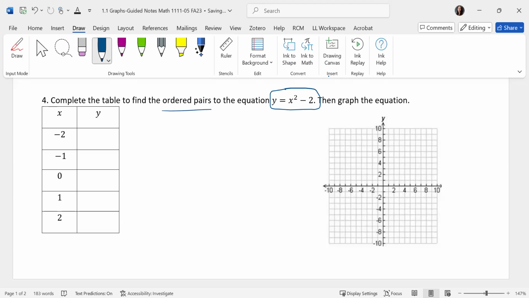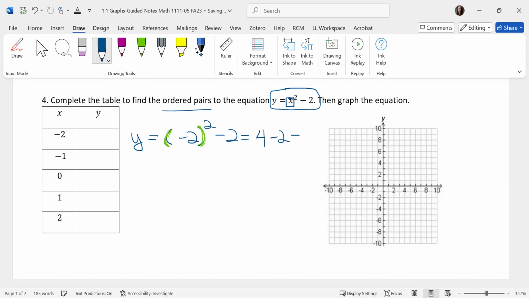And so let's find the first y value that's associated with the x value -2. We do that by plugging in -2 for x. So here we're going to substitute (-2)² - 2. Notice how whenever you substitute values, we put parentheses around whatever we're substituting. And (-2)² means -2 times -2, which is +4.